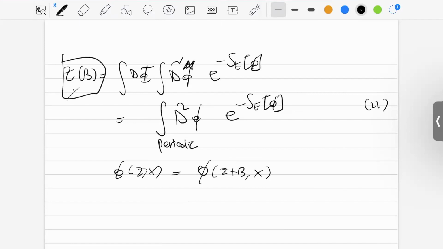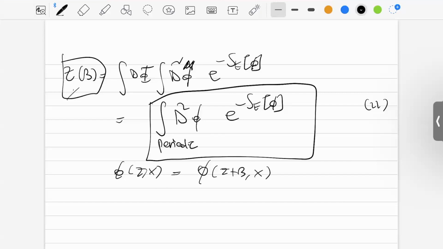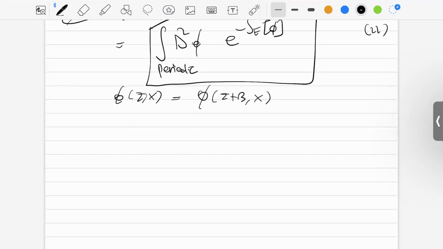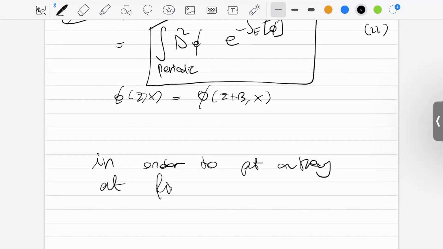So I can compute a generic partition function using this path integral, and this can be done in every quantum field theory system which has a temperature. So this is the lesson that we learn: in order to put a theory at finite temperature T, one has to compactify the time direction on a circle of radius beta, where beta is the inverse temperature.